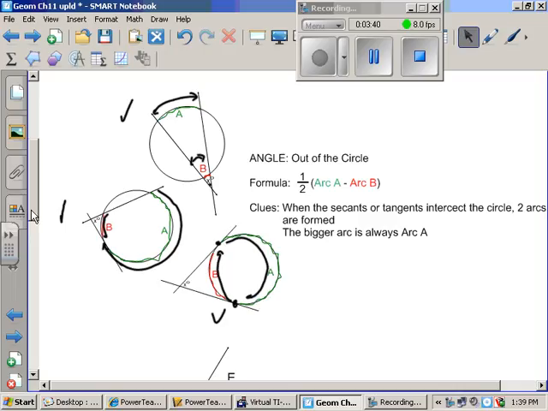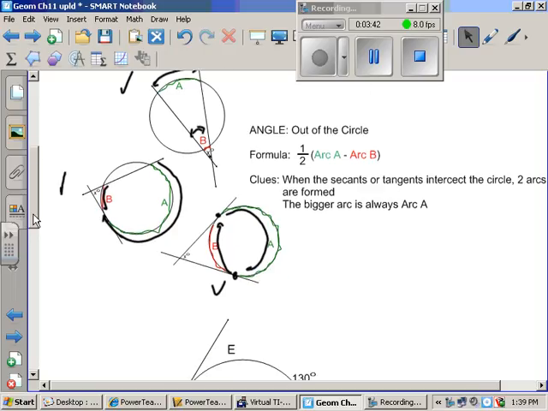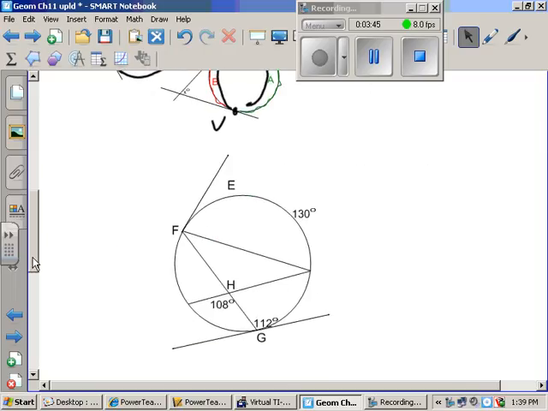Hopefully that helps clear this up a little bit. Let's do a couple practices. These are sort of puzzles, and you just have to look and see what you can figure out. Here, I see automatically that this arc is 130, and it is intercepted by this angle here. It's on the circle, so it's half the measure of the arc. So that angle is 65.